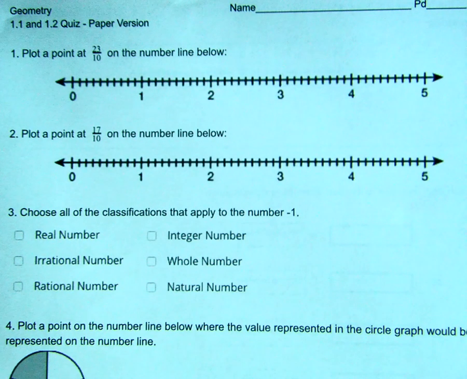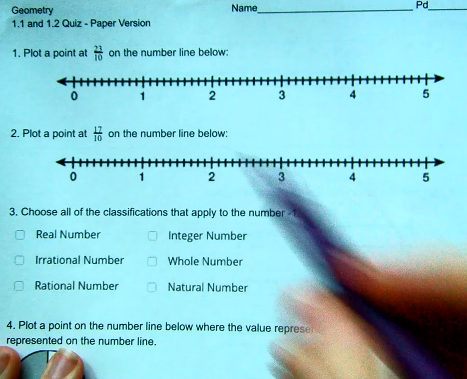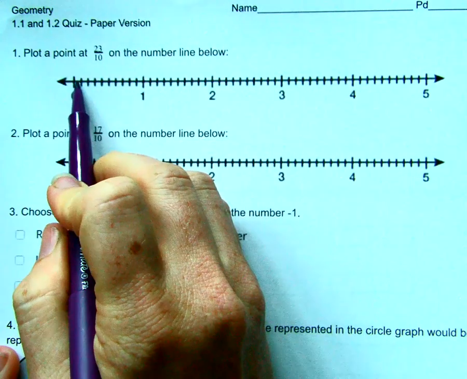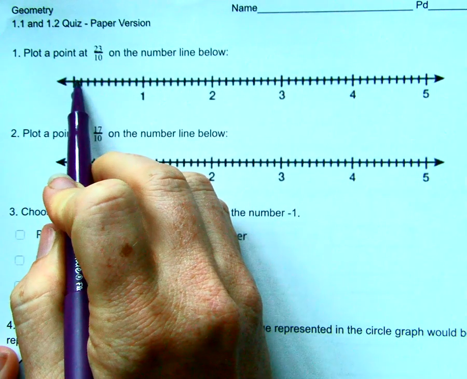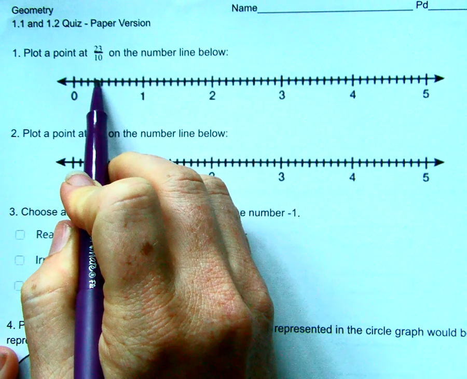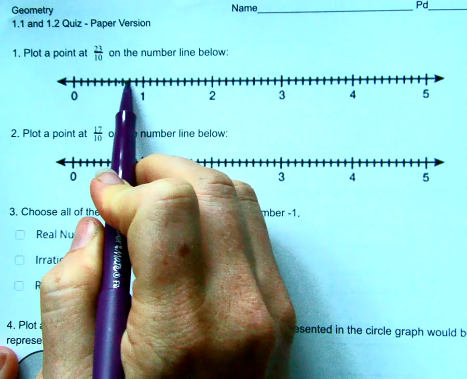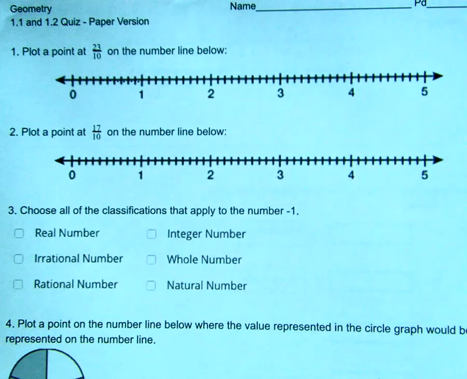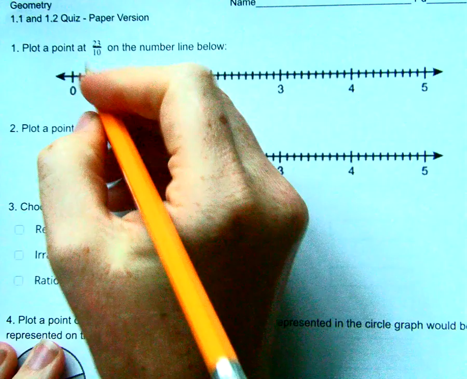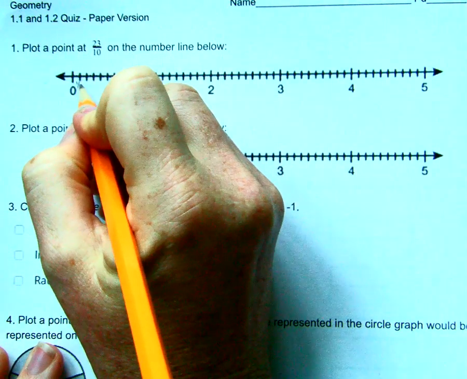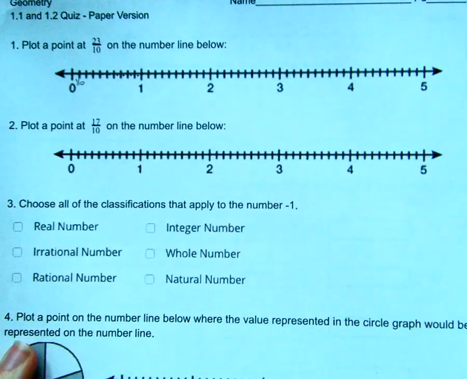Okay, so we can think about this a couple of different ways. If I count the spaces here, this is cut into 10 equal sections. And because it's cut into 10 equal sections, that means each tick mark is 1/10, right?